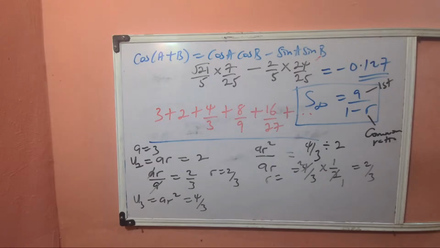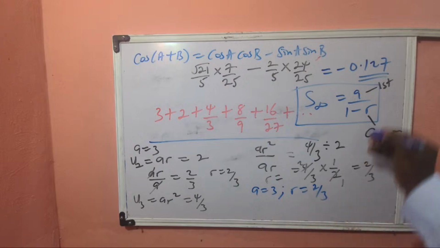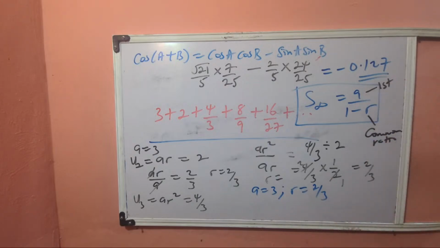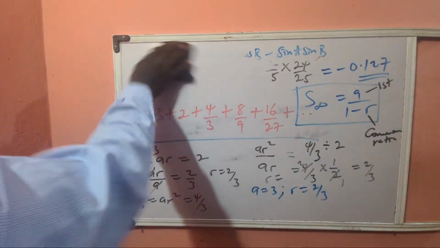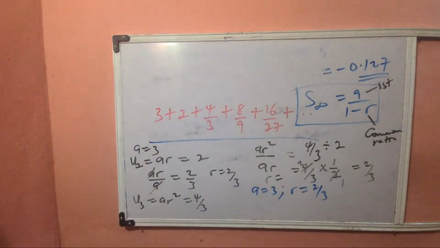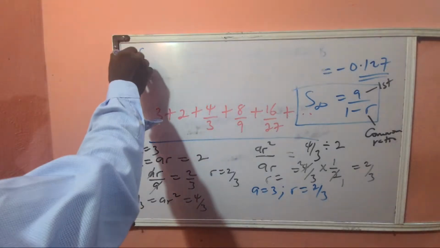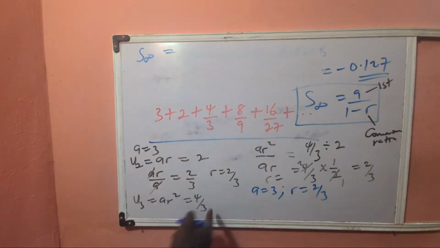So now that I've gotten my A, I knew my A was 3, and my R now is 2 over 3. Go on to insert that into this place. This will give you your value for your sum to infinity. If I go on to insert that, I have my sum to infinity given as my A is 3.